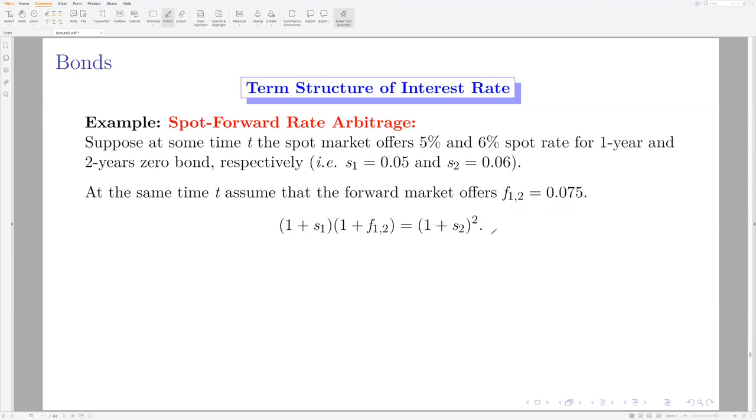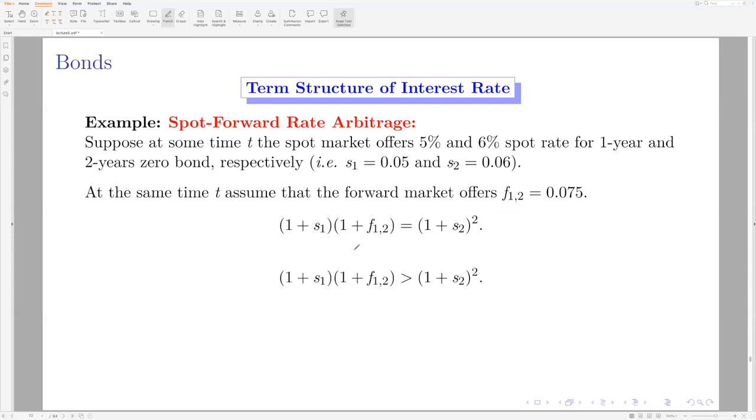Recall, the comparative principle states this equation. Now, you put S2 equal to 0.06 here, you will get 1.1236. On the other hand, you come to the left hand side, S1 you put here and F12 you put here, you will get 1.1287.